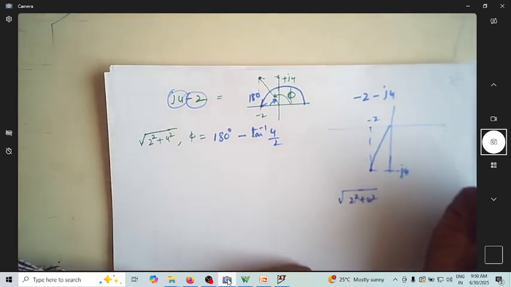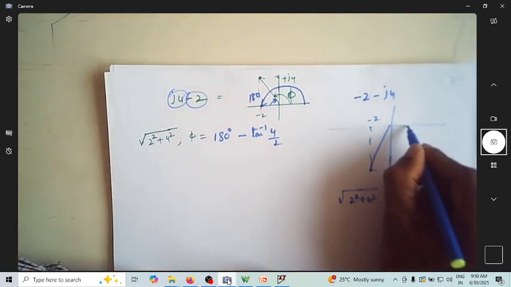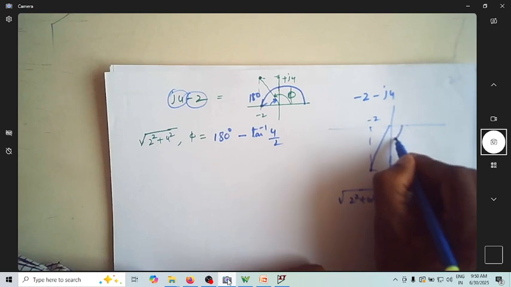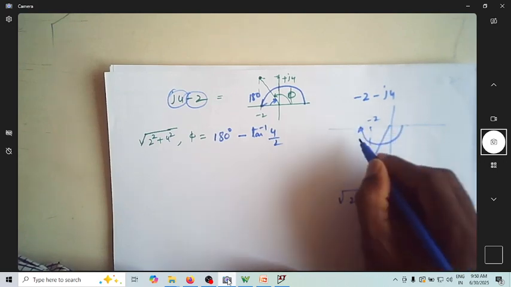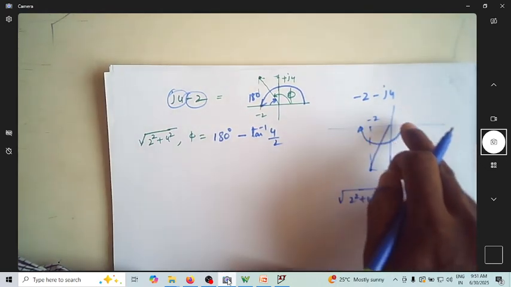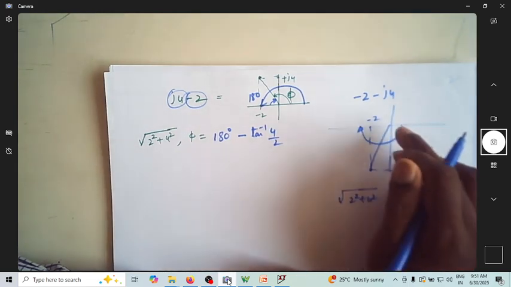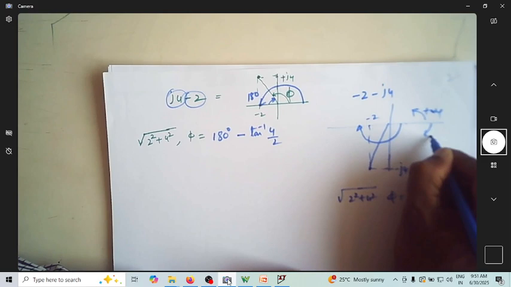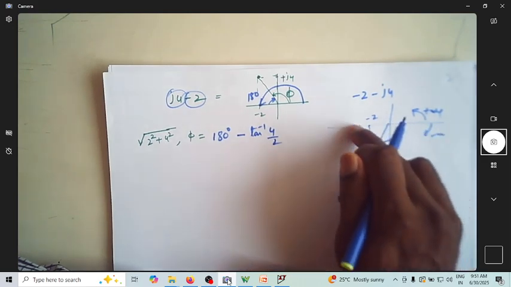But how about the phase? This angle is minus 180 degrees. Can you see you are going in the direction opposite to the normal? This is positive, and this is negative. This is minus 180 degrees.